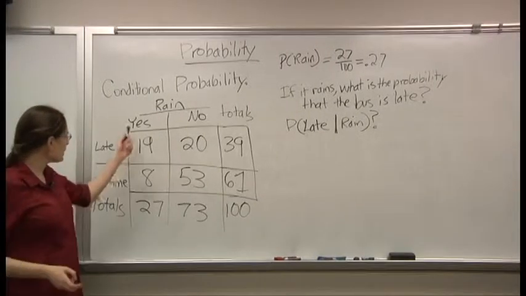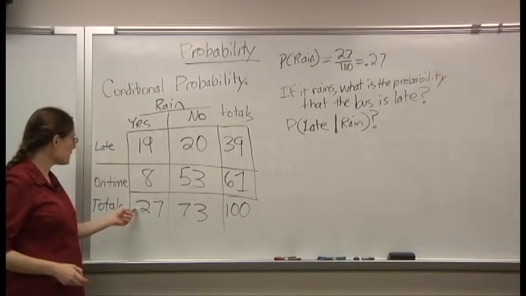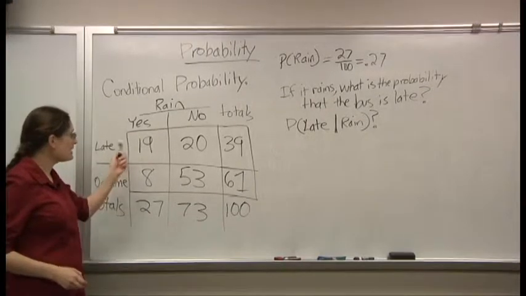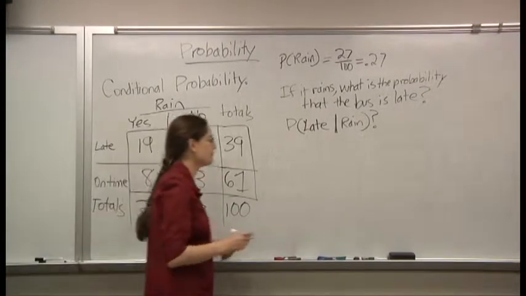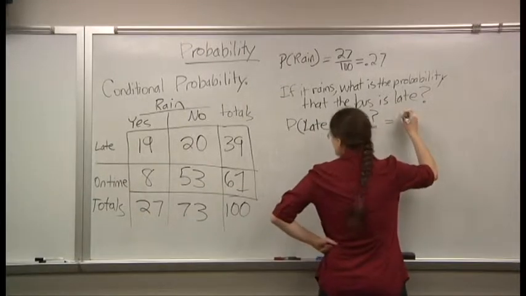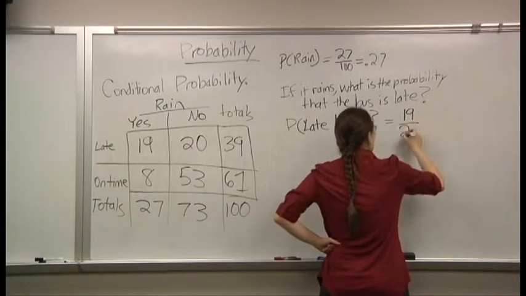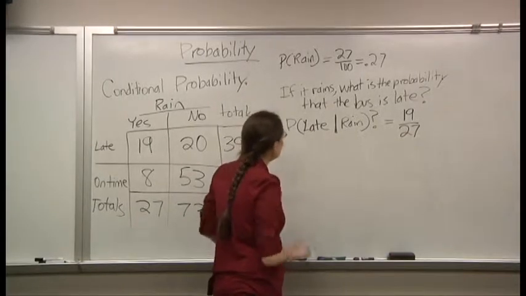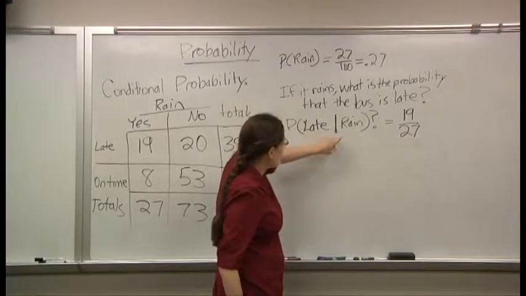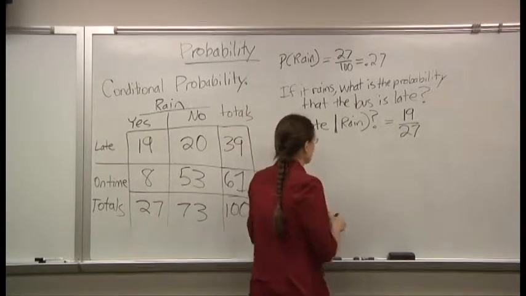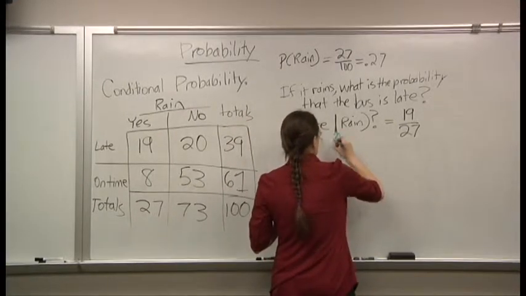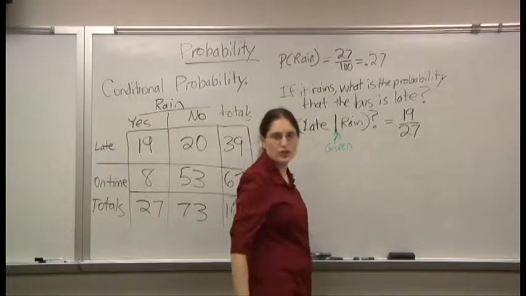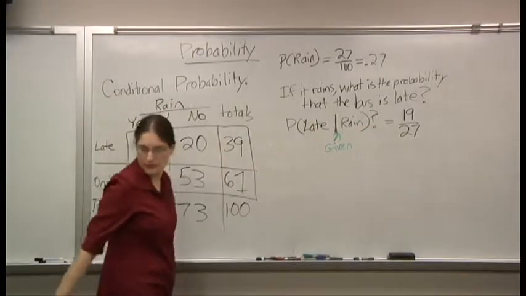So we know that it's raining, so there's only 27 days that fit that pattern, and 19 of them had a late bus. This if, this given, it kind of tells you what your denominator is.